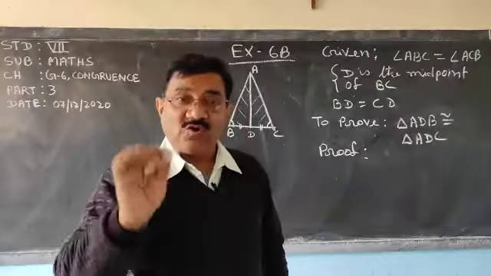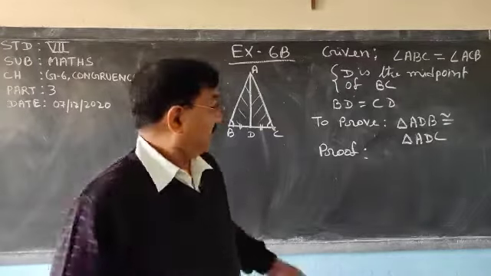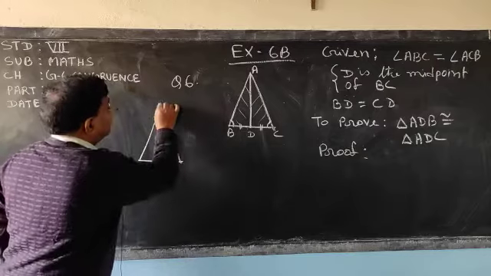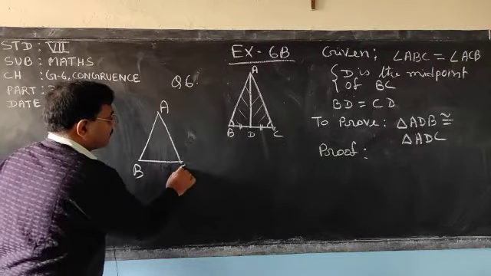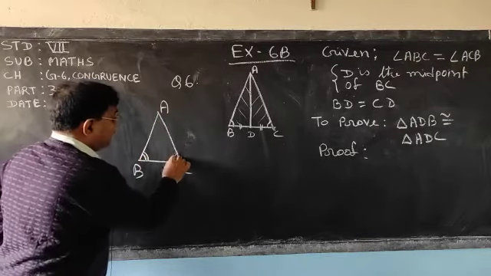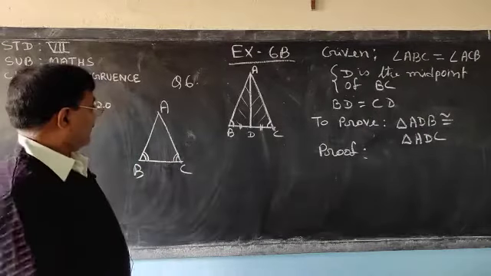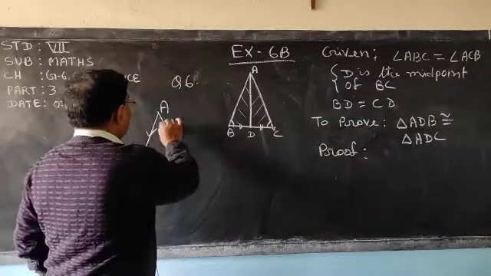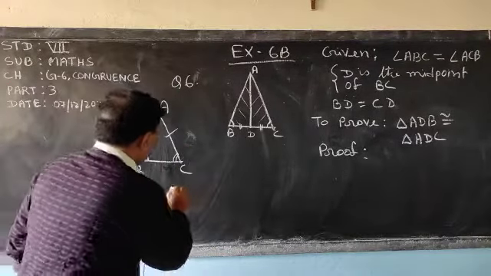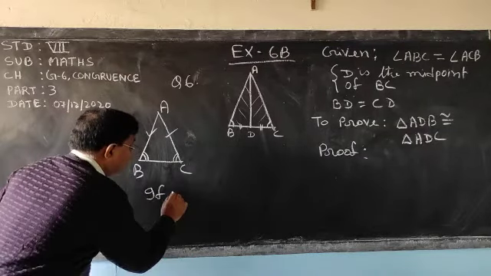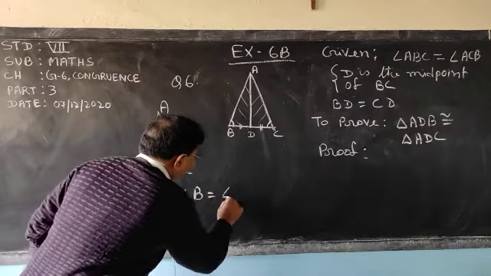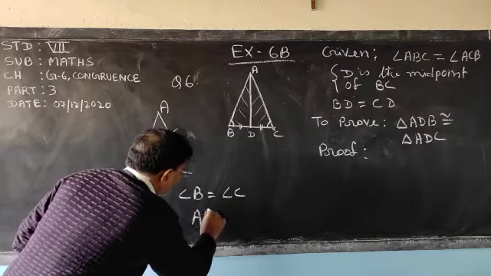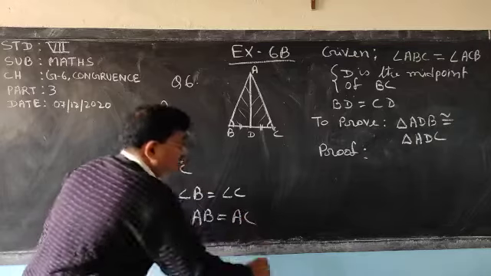But we know that if two angles of a triangle, this is triangle ABC, if angle B is equal to angle C, the corresponding sides will be equal. This side will be equal to this side. If angle B is equal to angle C, then AB will be equal to AC.